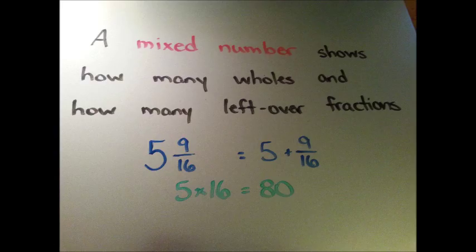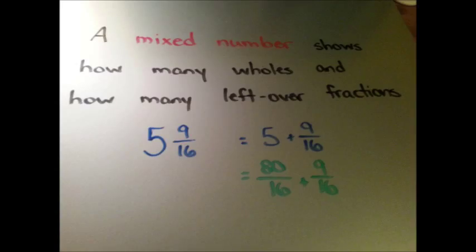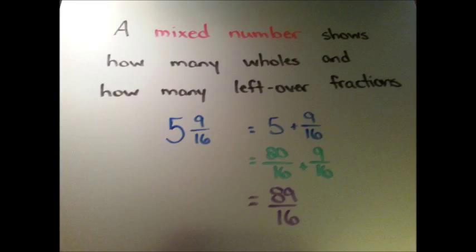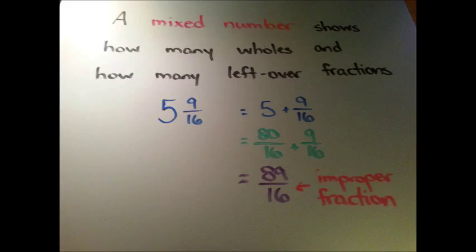That first 5 is a whole number, represents 80/16. We add that to the leftover 9/16 that we have. This mixed number could also be written as 89/16. And that's an example of an improper fraction where the numerator is larger than the denominator.